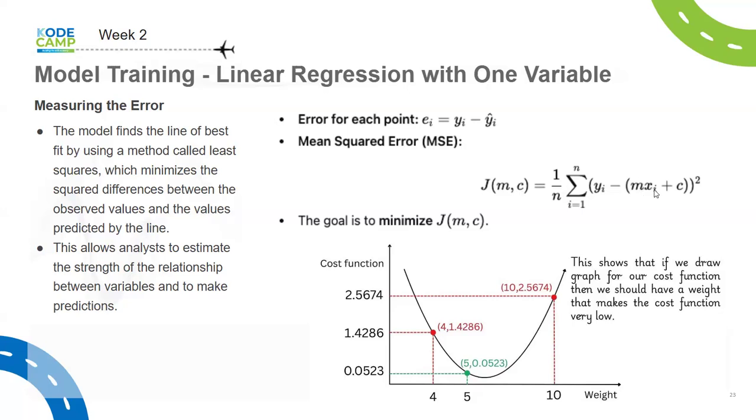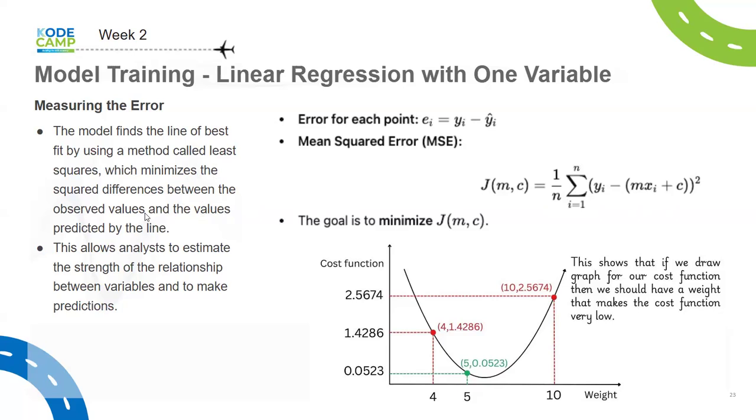There's only one value of m and only one value of c because there's only one linear model, a single straight line used to model all these points. Even though I have n points, a large number of points, I only need a single line to model it, so the model will find the line of best fit.